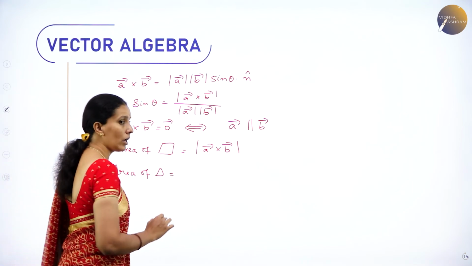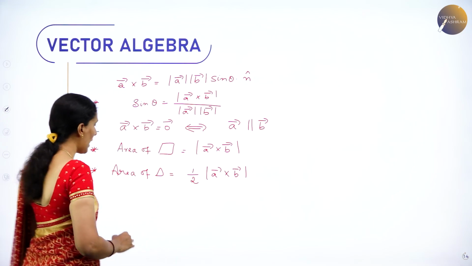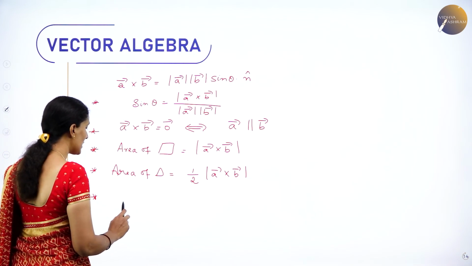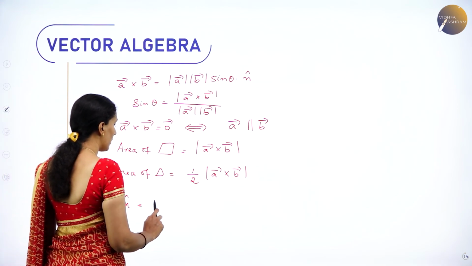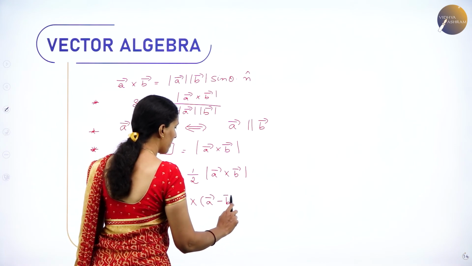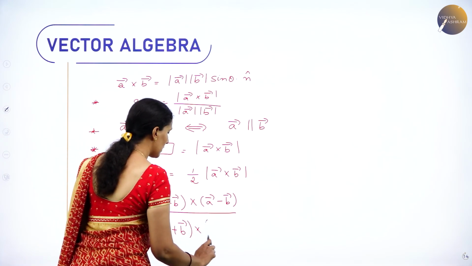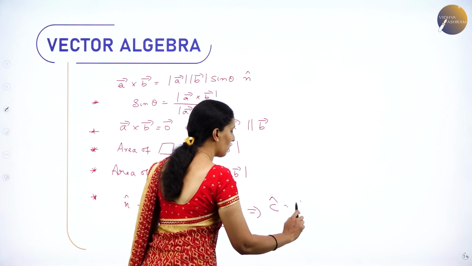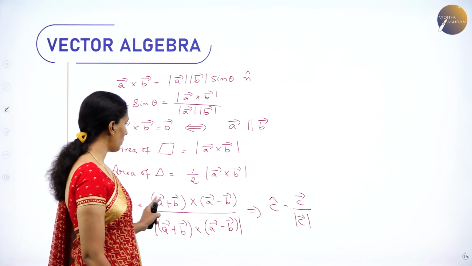If vector A and vector B are sides of triangle, then it is half of magnitude of A cross B. Again, we can calculate the unit vector along the direction of A plus B and A minus B. We can call unit vector n cap as the cross product of A plus B cross A minus B divided by magnitude of A plus B cross A minus B, which in terms I have given as C cap is equal to vector C divided by magnitude of vector C. So we can calculate unit vector along the direction of A plus B and A minus B.